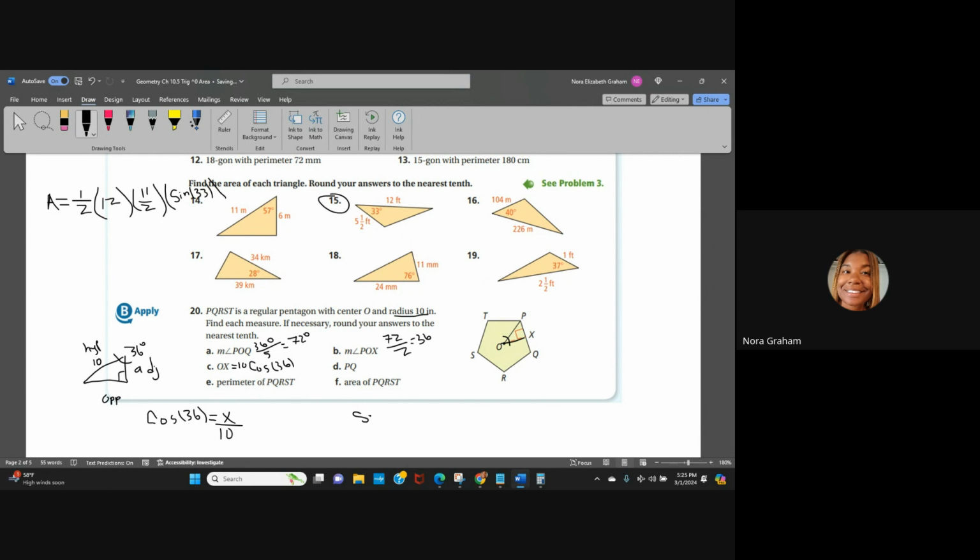So sine of my angle, this is for D, sine of 36 equals x over 10, because opposite over hypotenuse. So then I get x equals 10 sine of 36.